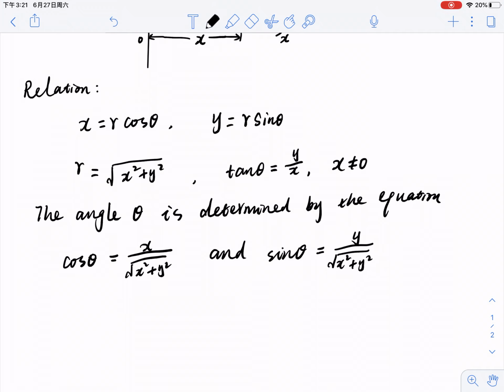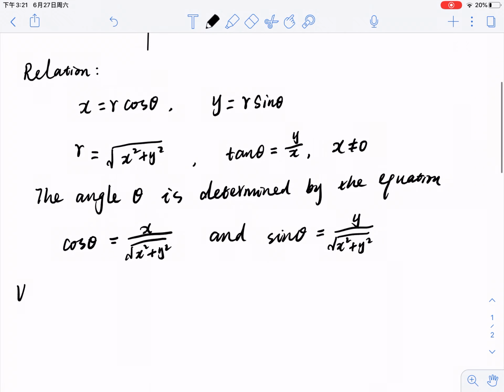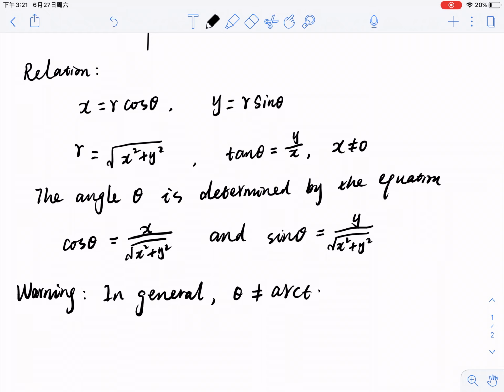In general, theta is not equal to inverse tangent y over x. It's not possible to determine which quadrant theta is in from the value of tangent theta alone.